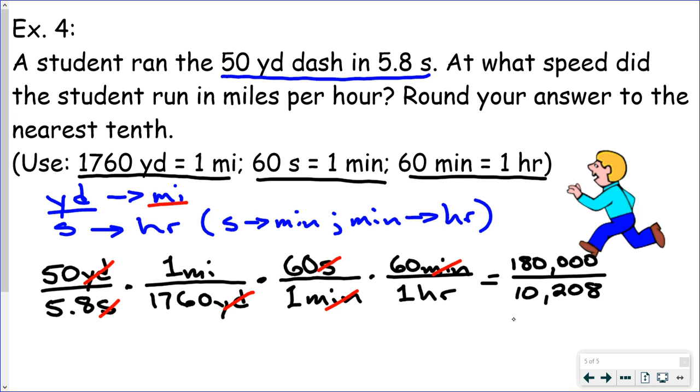So 180,000 divided by 10,208 came out to a long decimal. Again, I'm going to round it to the nearest tenth. Actually, this one tells me to round to the nearest tenth. And so I get 17.6 miles per hour.